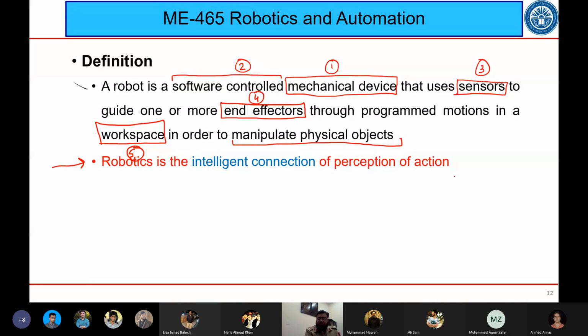What is a perception of action? A perception of action is something which I think. I think of an action. Let's see. I think of an action that I do not want to go to my home for lunch, but I can program my car to go autonomously to my home and bring my lunch back.